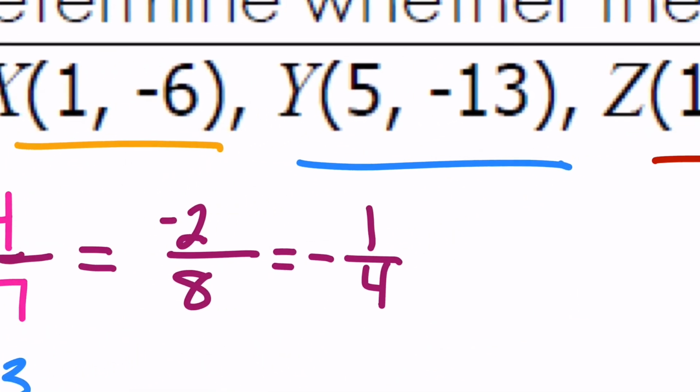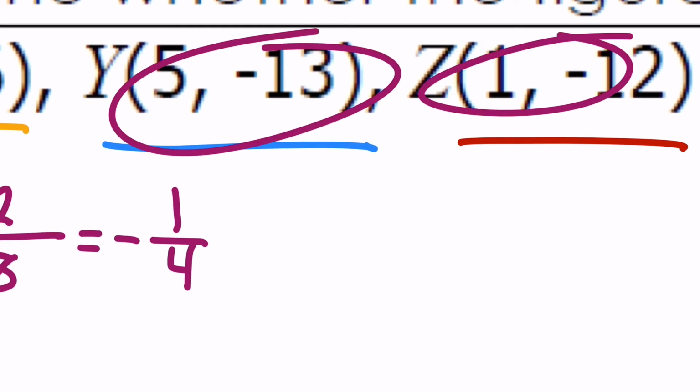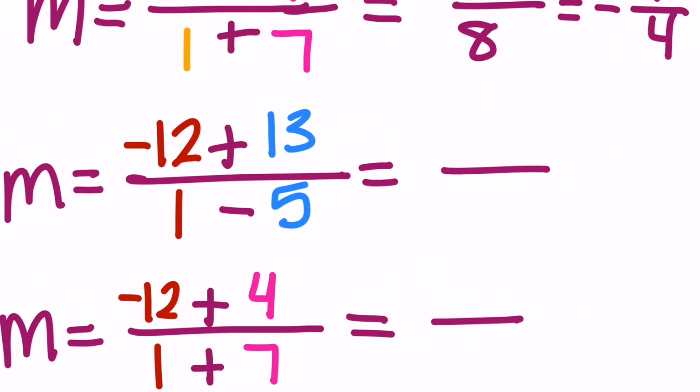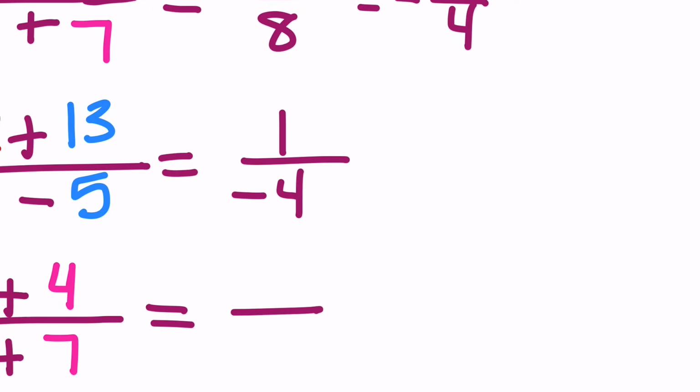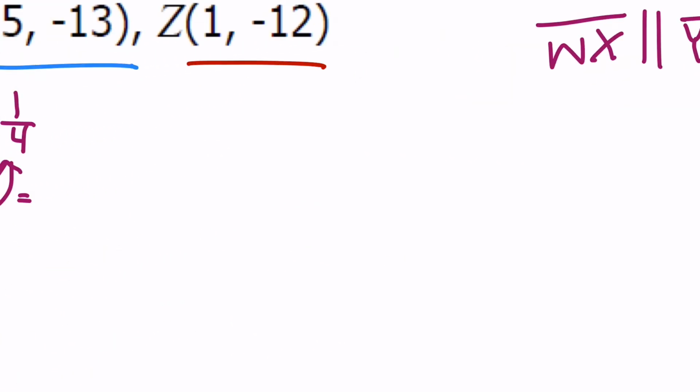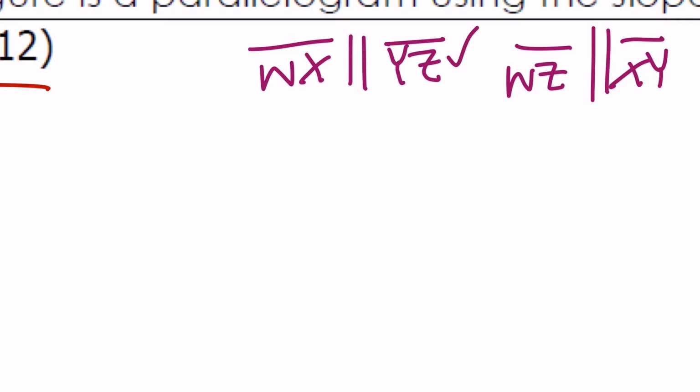Okay, and I'm using these 2 points now. Try and find the slope of the line connecting those 2 points. So -12 plus 13 is 1, and 1 minus 5 is -4. So these two are equal, they're the same. So we know for sure that WX is parallel to YZ.